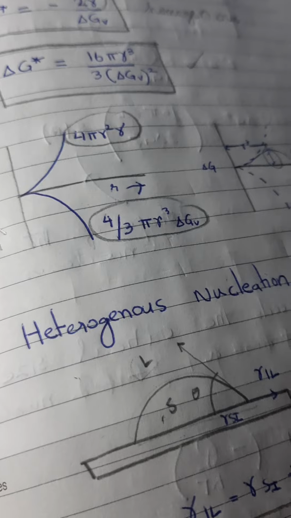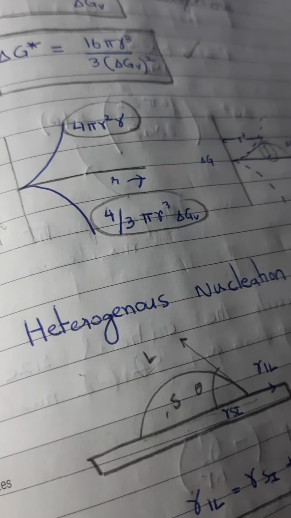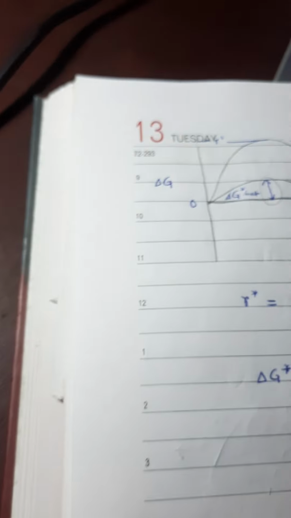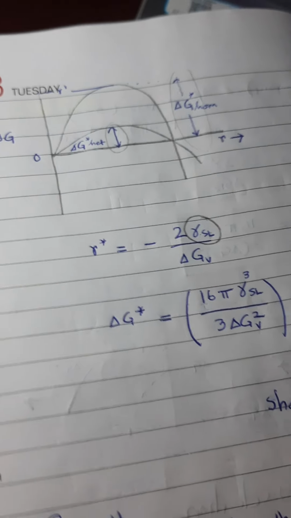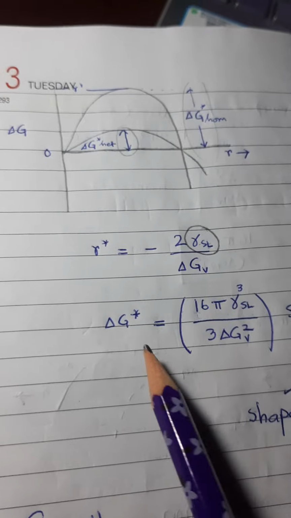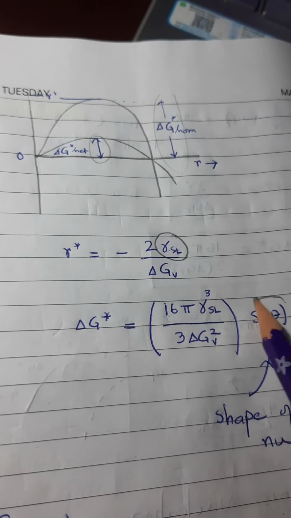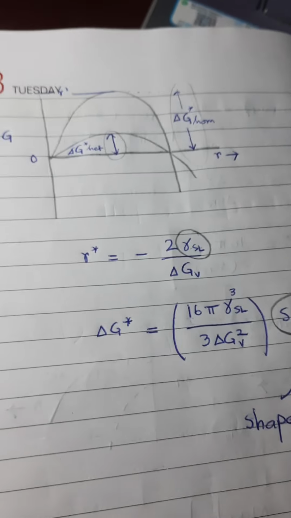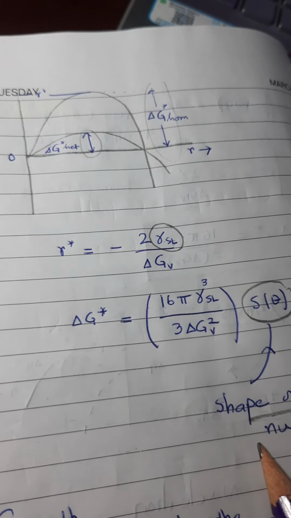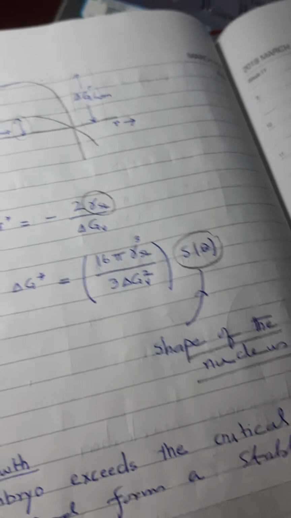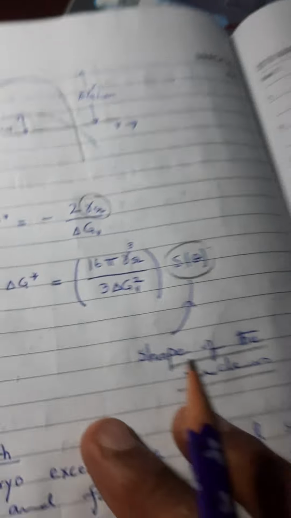However, here we have the contribution of gamma SL. You can see that. And in the free energy change expression, a new parameter comes into the picture, which is the shape of the nucleus. So the shape of the nucleus also becomes an important factor in the case of heterogeneous nucleation.